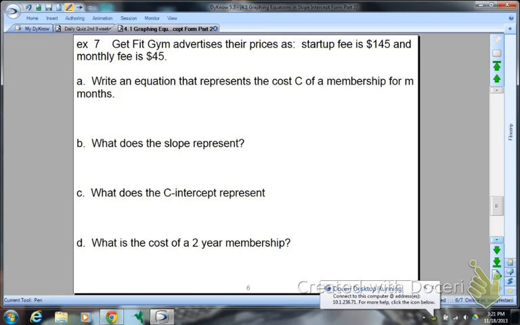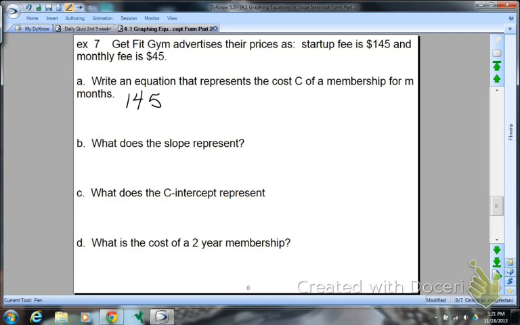If you want to join the gym, the very first day you have to pay the startup fee, which is how much money? $145. Then you will get charged $45 a month. So in addition to the $145, it's plus $45 a month. Do we know how many months? It's M months. So 45M is equal to the cost of the membership.